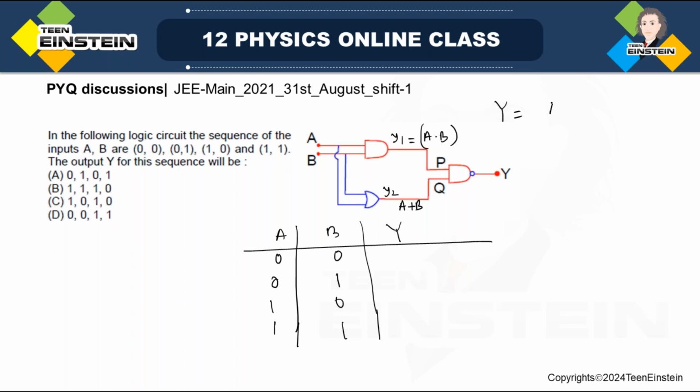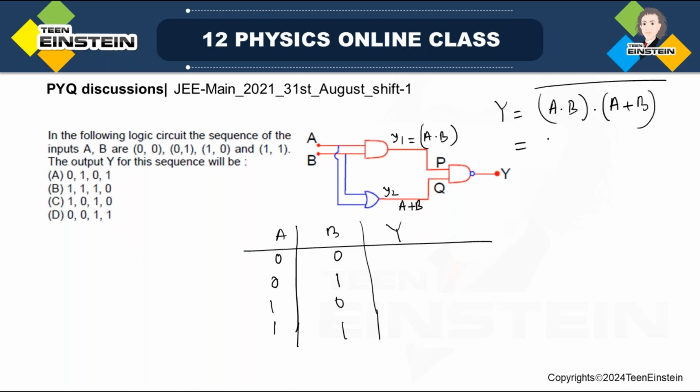So what is a NAND operation? It is the AND of y1 and y2, and then the whole bar of that.